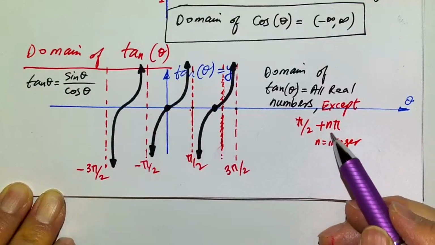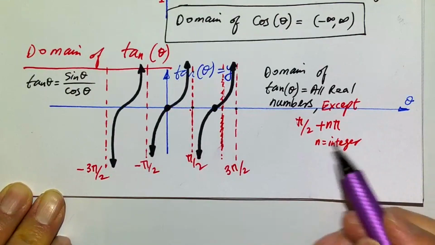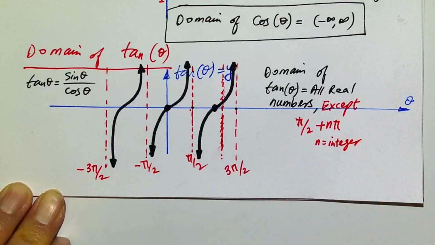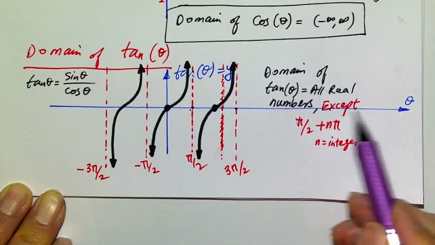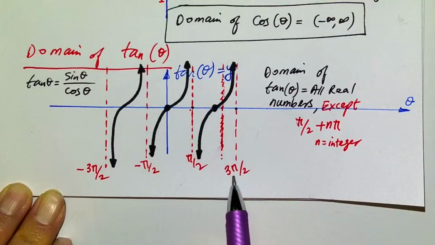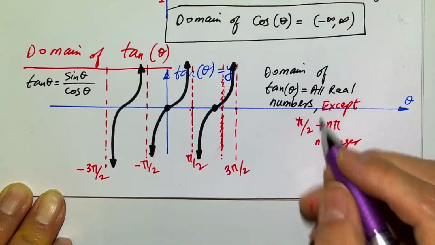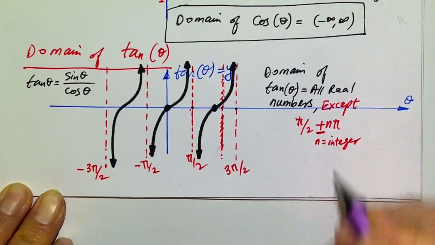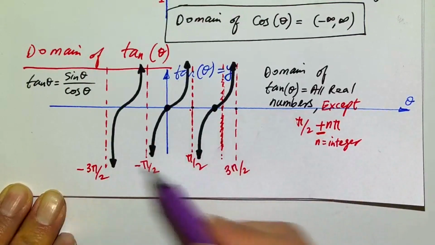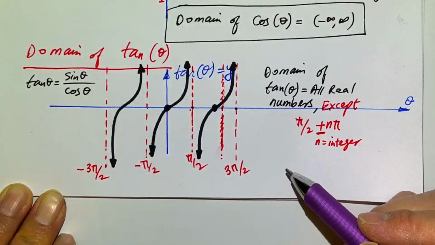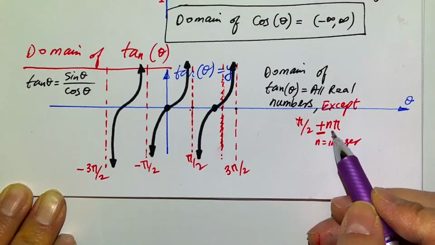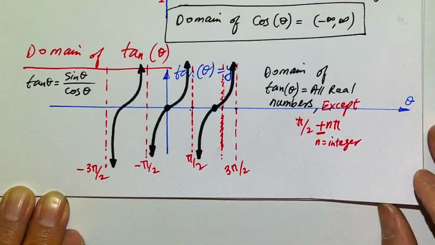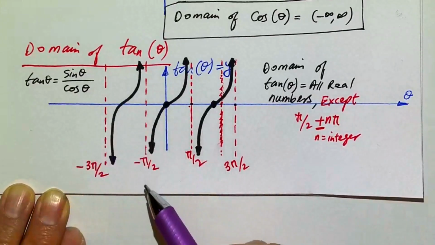So if you plug in 10 for n, then 10 pi plus pi over 2 is also a vertical asymptote. So all real numbers except these guys: pi over 2, 3 pi over 2, negative pi over 2, and I should actually add a plus or minus, right? The minus indicates this direction. Because when n is minus 1, you get pi over 2 minus pi, you get minus pi over 2. So you get these guys.